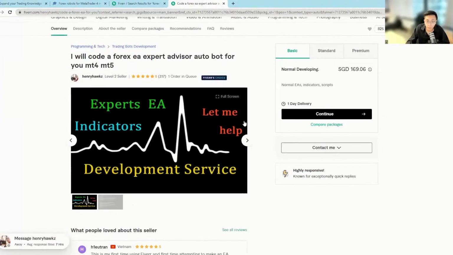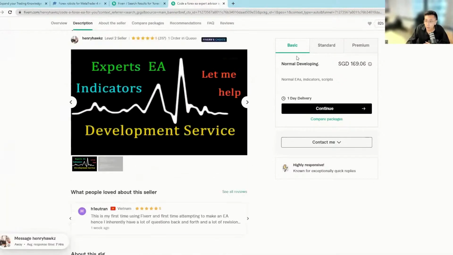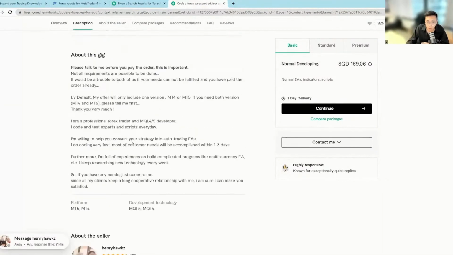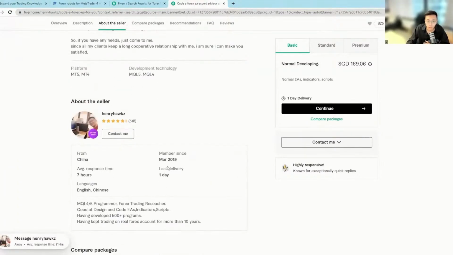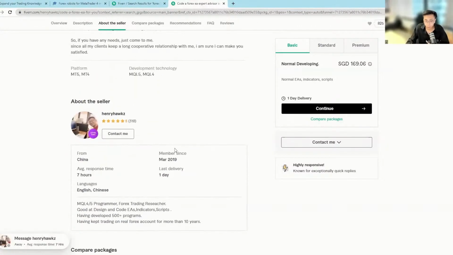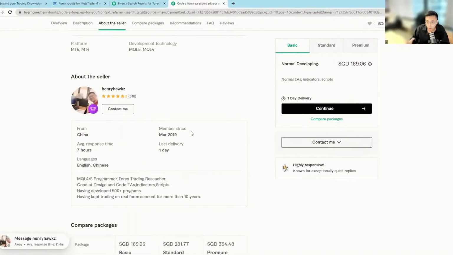They could show the different coders that do experts, EAs, indicators, and development services as well. And let's say they have different pricing. However, we'll not look at the pricing for now. We'll just look at what they can create. So they could basically code all these strategies that you want, and you could have a conversation with them to make sure that your strategy is put into place well, and it basically auto trades for you.